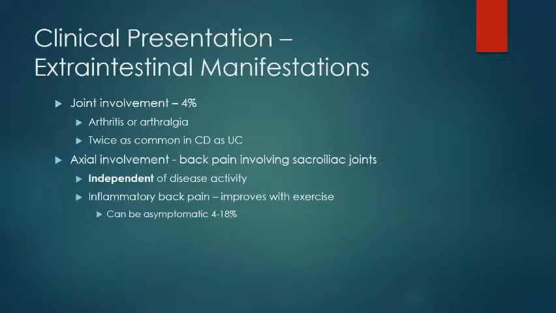These patients tend to have an independent course, but sometimes their back pain can start as an initial manifestation of IBD. And treatment of the IBD doesn't necessarily help with the back pain, so we work with our rheumatologists in these patients. Joint involvement is also not very uncommon. It happens one out of every 20 or so patients that you see.